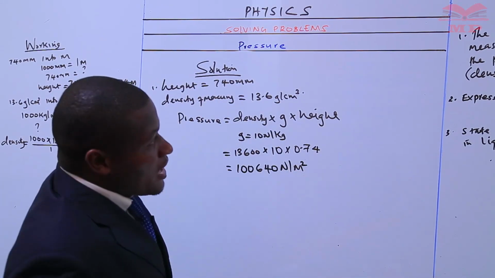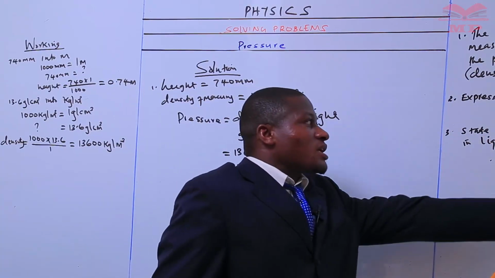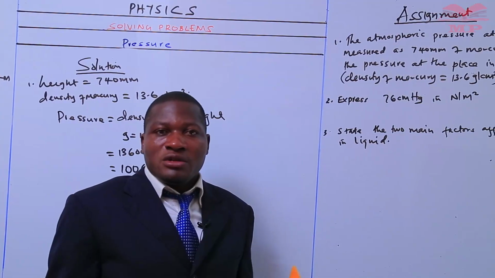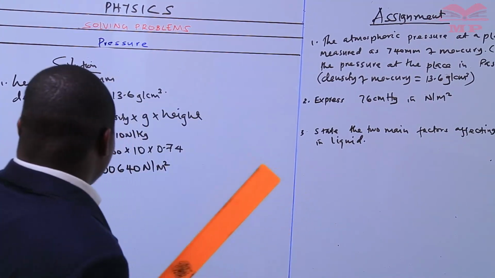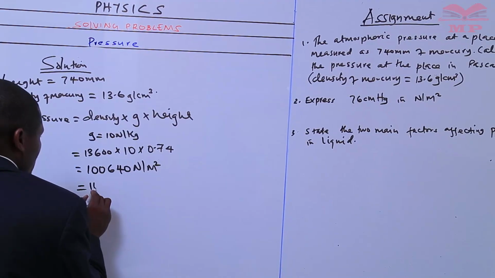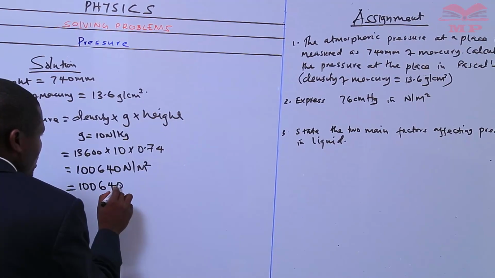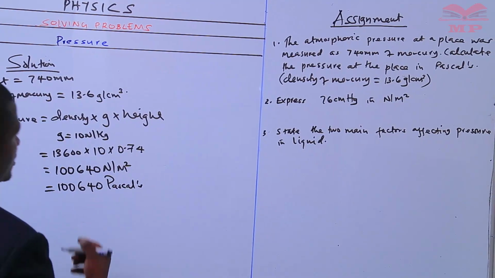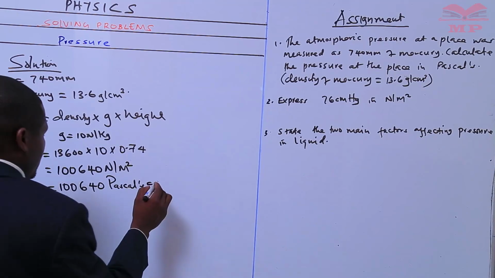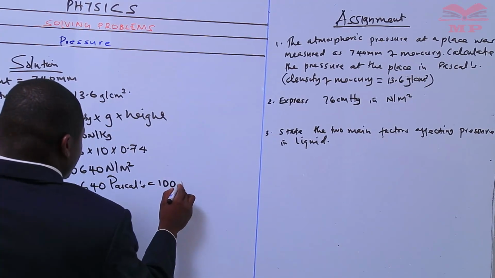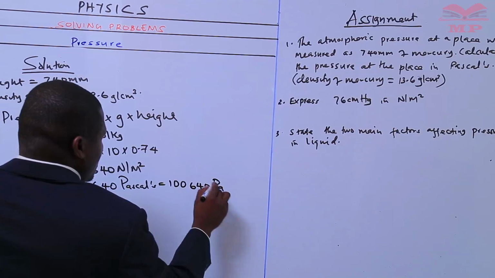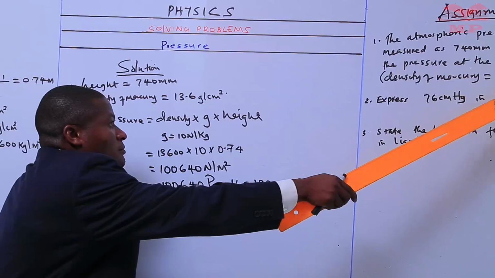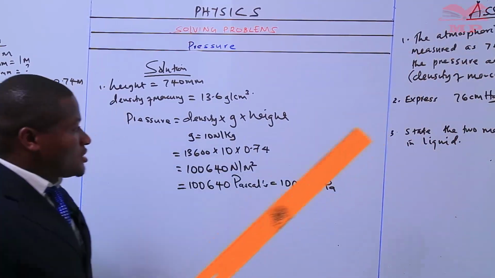But the question is clear: they are asking us to calculate that pressure in pascals. In our previous lesson, I said pascals and Newton per meter square simply mean the same thing. So this is just the same as 100,640 pascals. Pascals can also be written in short form as Pa. So we have expressed that pressure in pascals as the question is asking us.